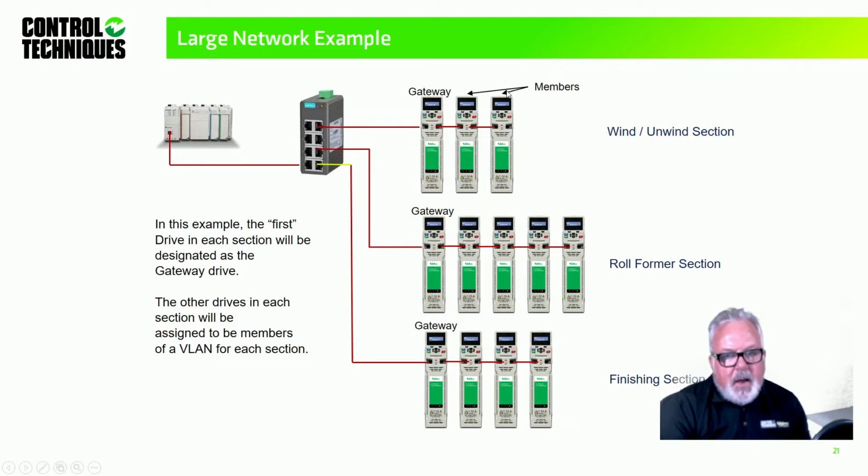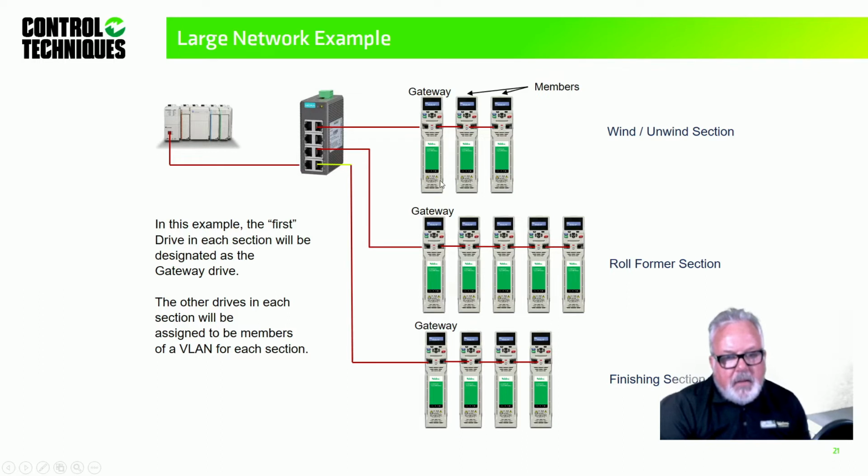The members of this section have their ports set to be a normal switch. So gateway, switch, and that's the way it flows for all of these. I'm also going to be setting up a VLAN for each one of these sections: VLAN 0, VLAN 1, and VLAN 2.